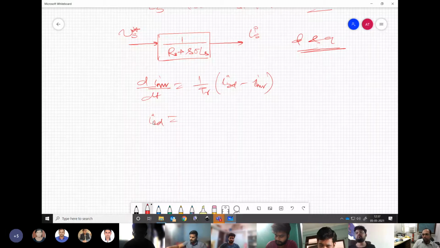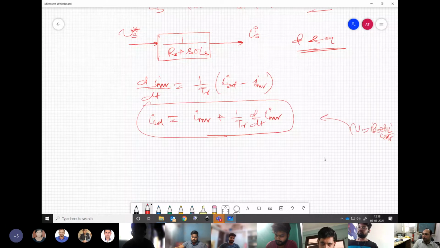Isn't it very similar to V equal to IR plus L dI by dt? Only thing is we have current input, current output, so that is why we do not have any impedance getting multiplied anywhere.